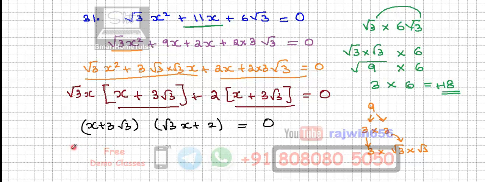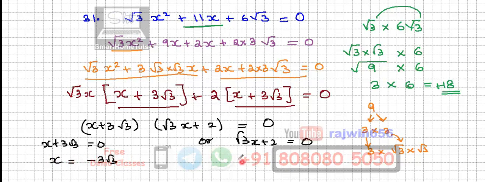Now the sum is done. So this is going to give me x plus 3 root 3 is equal to 0, or root 3x plus 2 is equal to 0. I'm just going to bring this 3 root 3 here. So this is going to become x is equal to minus 3 root 3.